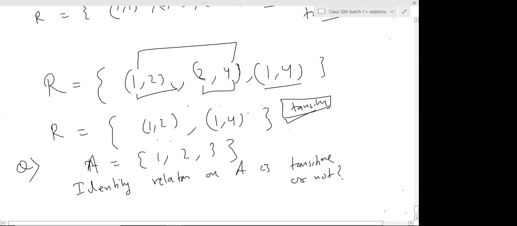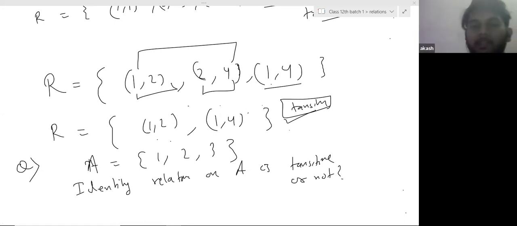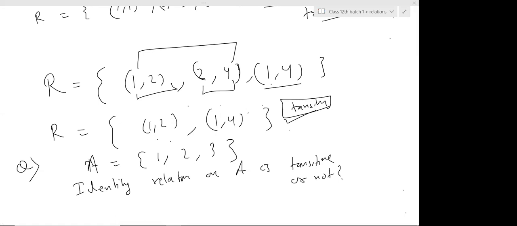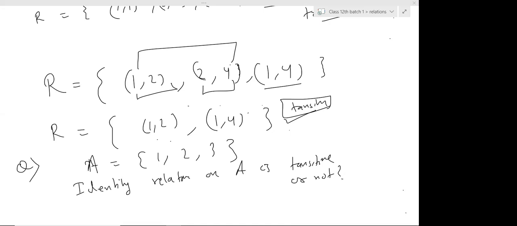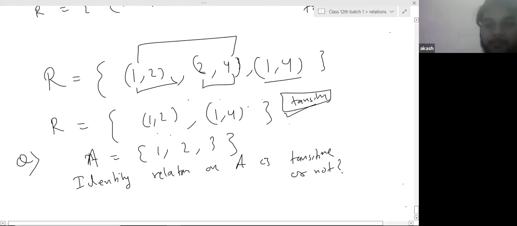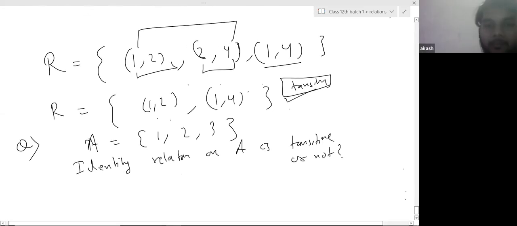It's transitive. Why is it transitive, Shikhani? There is nothing to compare with. Absolutely right. Everyone is clear? Yes, sir. Ronaldo, Kulsum? Yes, sir. Now write the universal relation. Tell me if that is transitive or not.